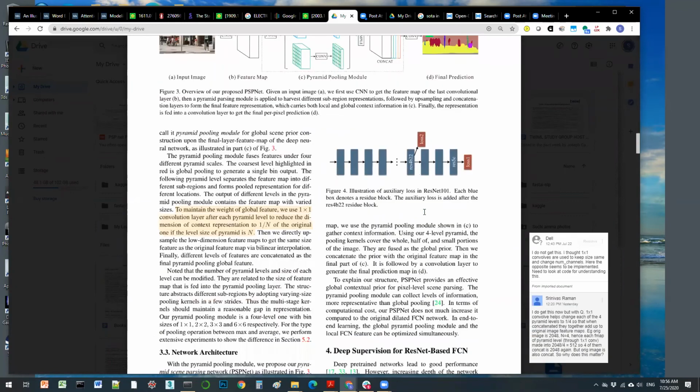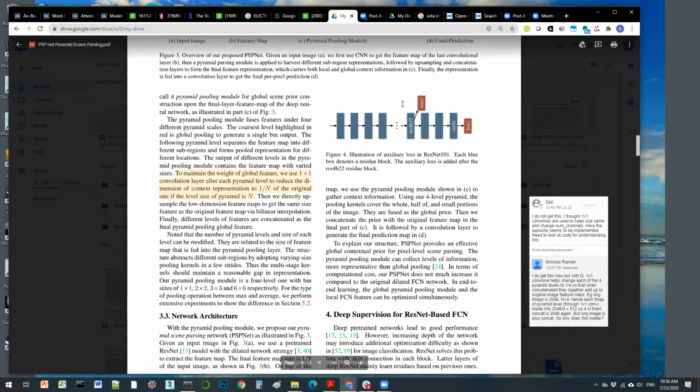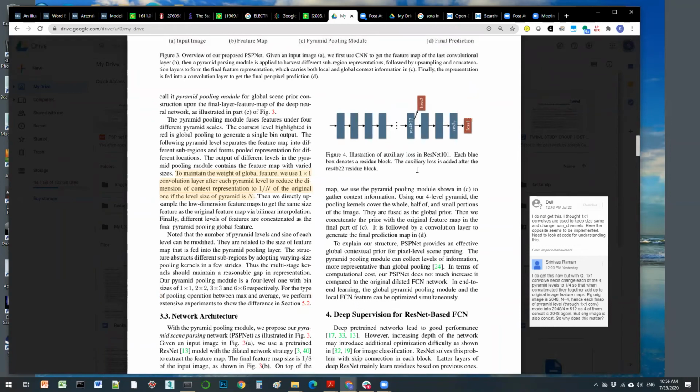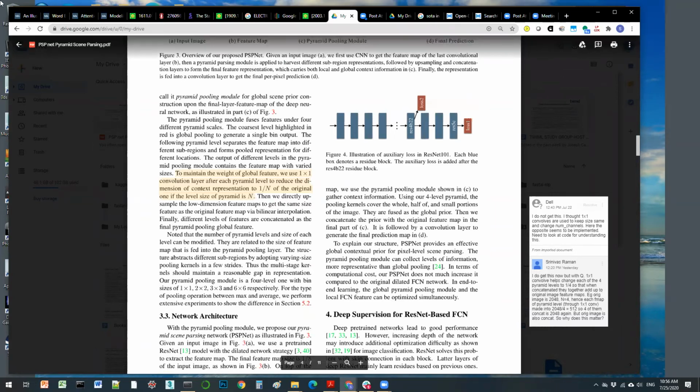The second part of what they do, or another idea that they implement, seems totally empirical, ad hoc. Hey, it works for me, so let me do this. I didn't spend much time at all on it. It is this auxiliary loss that they add compared to the primary loss which they use.